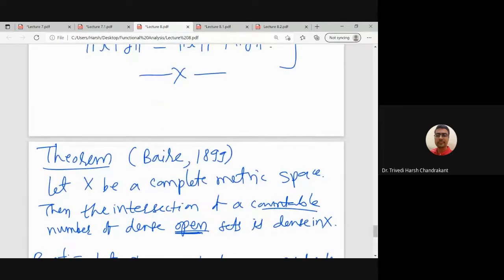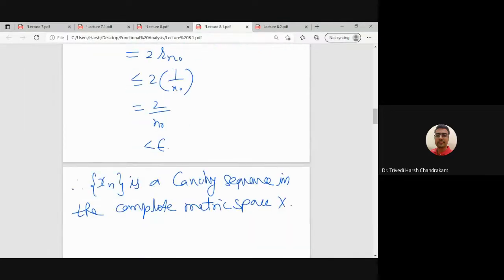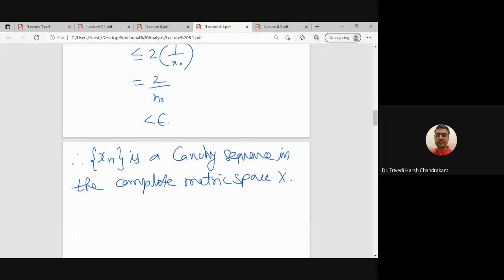So that is also important. This result fails if we are not assuming that this is a complete metric space. We know that if a metric space is complete, then every Cauchy sequence converges to some point in the set. Therefore, there exists x belonging to X such that the sequence xn converges to a particular x, because X is complete.